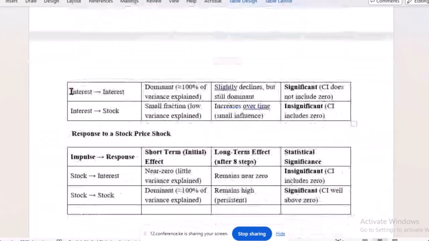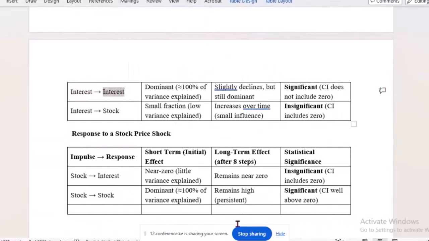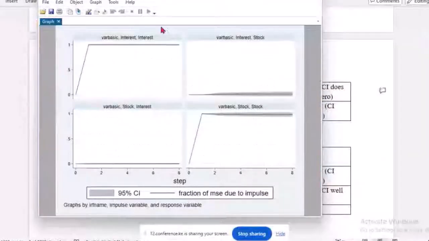If we shock interest rate, how will the interest rate behave? We go back to this particular graph. Even here below, just like the previous one, we have the graph by its name, then the impulse variable, and the response variable.